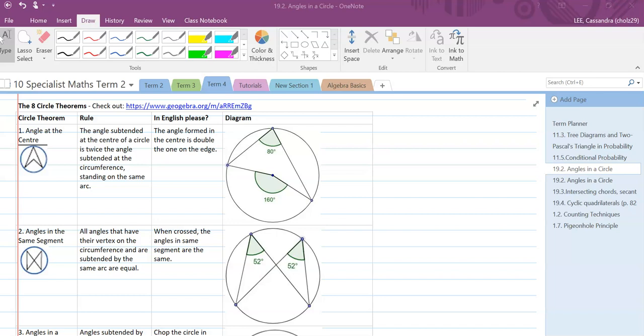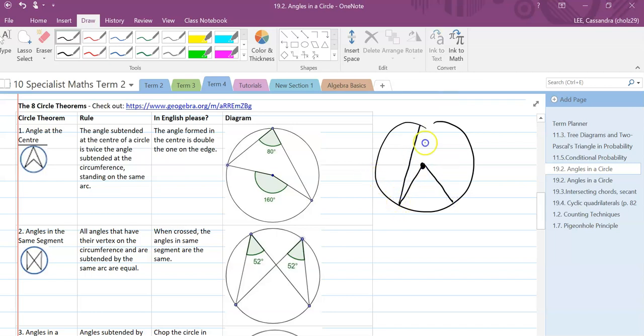So here our first rule, or our first circle theorem, is that the angle subtended at the center of a circle is twice the angle subtended at the circumference standing on the same arc. Yeah, a little crazy. So if I was to put that in English, what I would say instead would be, if I have a circle, and in the middle of the circle here, I've got two lines that are coming out.